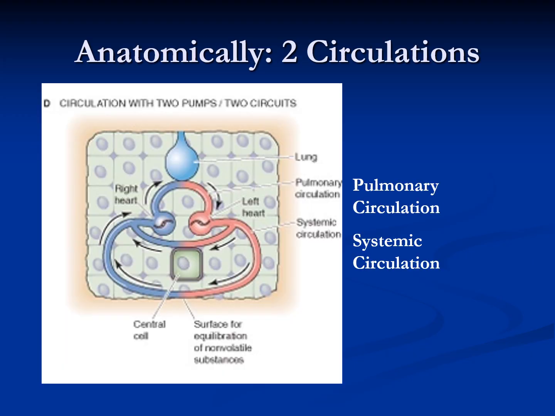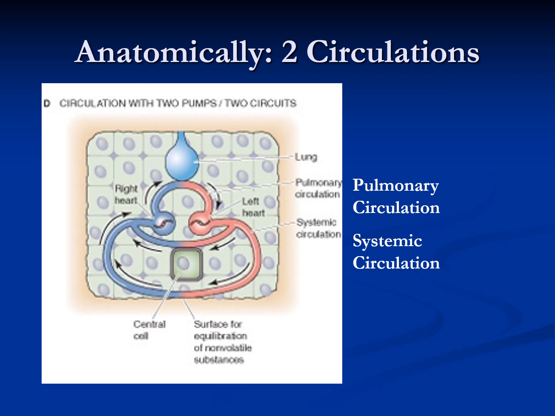Therefore, anatomically, there are two sides of the heart providing a cardiac output to two circulations, the pulmonary circulation and the systemic circulation. The distinction is important for two reasons. First of all, the pulmonary circulation in general is a much lower pressure circulation. The systemic circulation works at a much higher pressure.